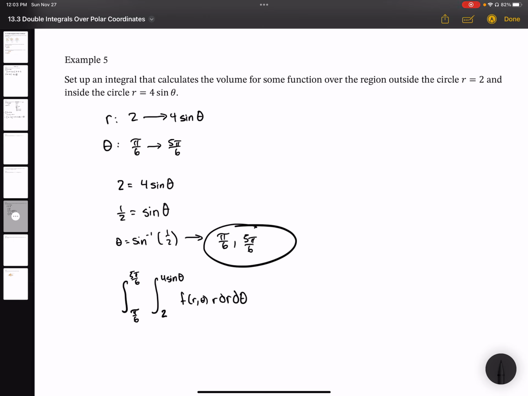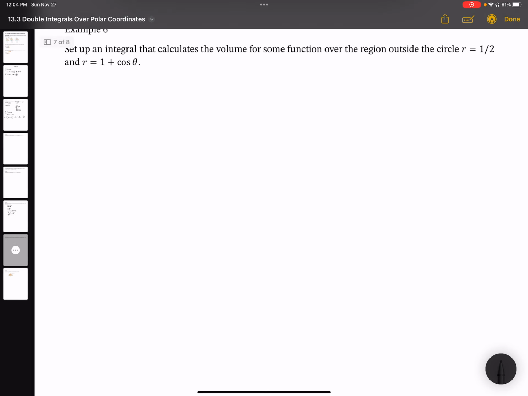So again, the function itself doesn't matter if the region is independent of the function. The reason we were setting these functions equal to each other in the other examples is that they imply a common region, and we have to find the boundaries by setting them equal to each other. But if you're just given the boundaries, the function is agnostic of what we're doing here, so it doesn't really matter.